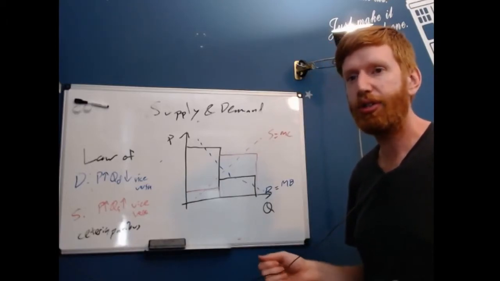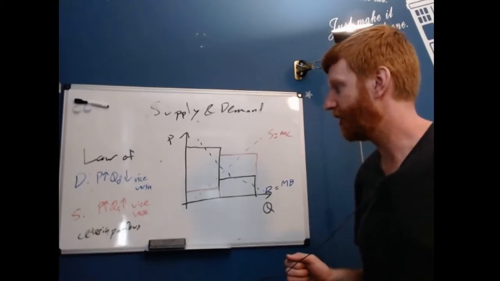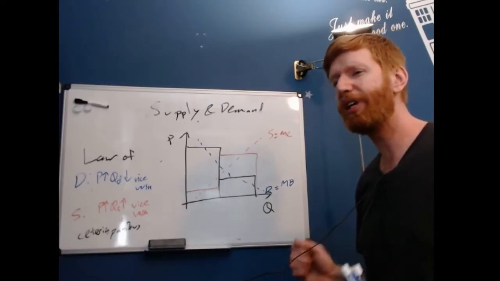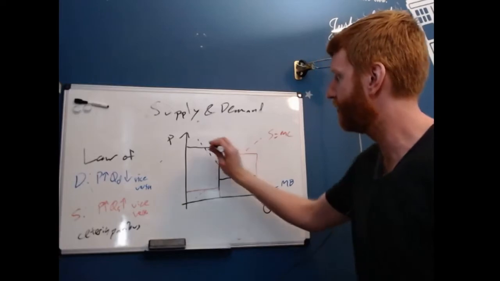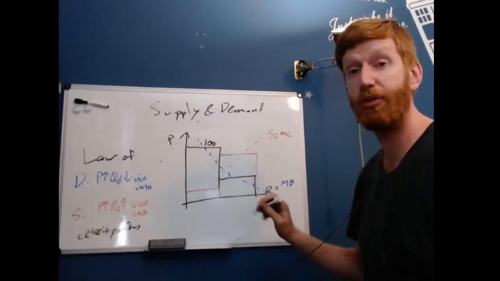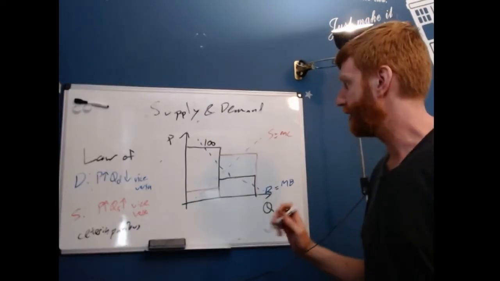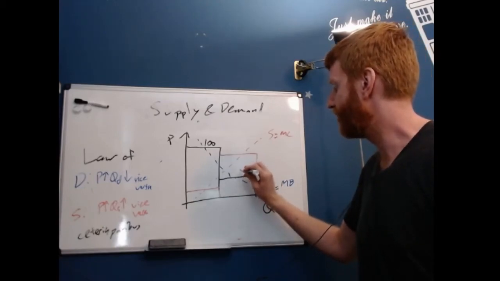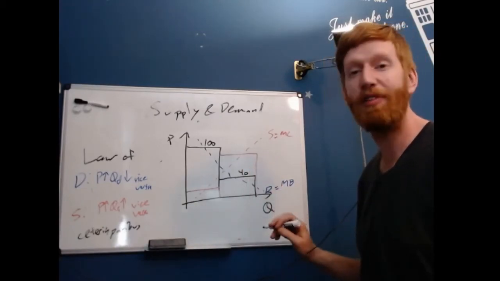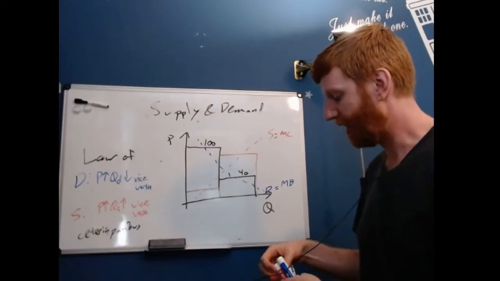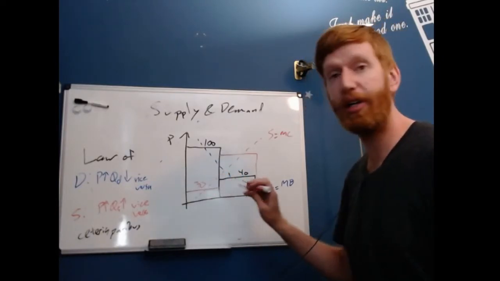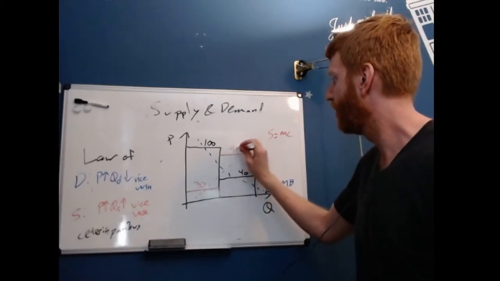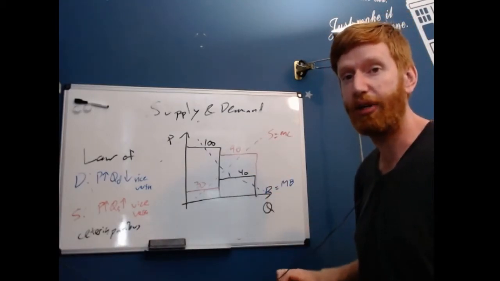Inevitably, I would see two students who sat next to each other who did something really clever. So they might have a situation like this where, say, the marginal benefit of the first unit for student A is 100, and for the second unit, the marginal benefit is maybe 40. And for their friend, the seller, they had a low marginal cost of $30 for their first unit and $90 for their second unit.